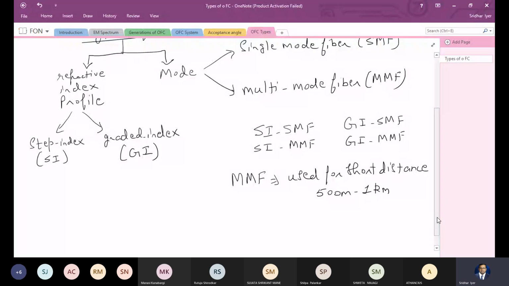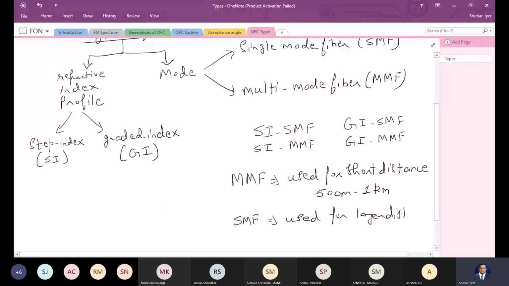In comparison, the single mode fiber is used for longer distance. So needless to say, the most commonly used type of fiber would be the single mode fiber.